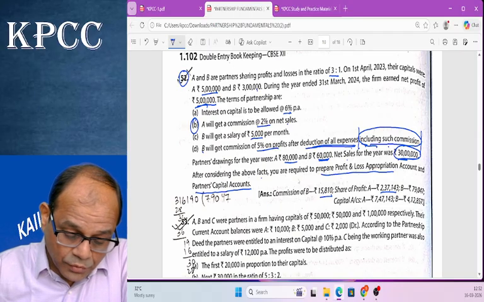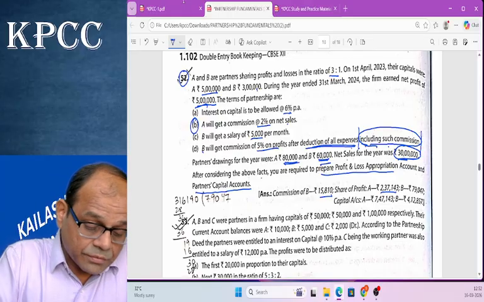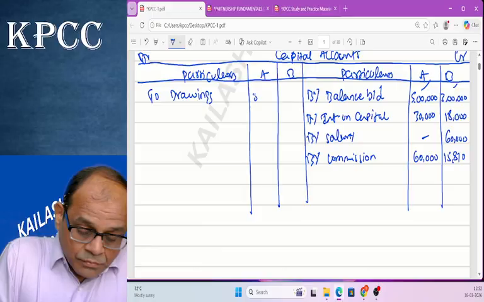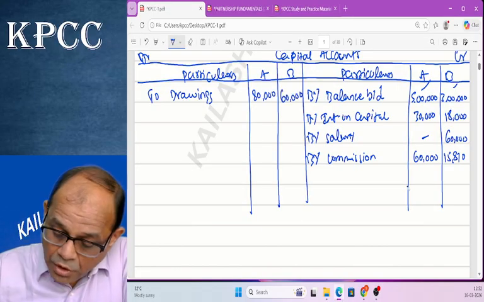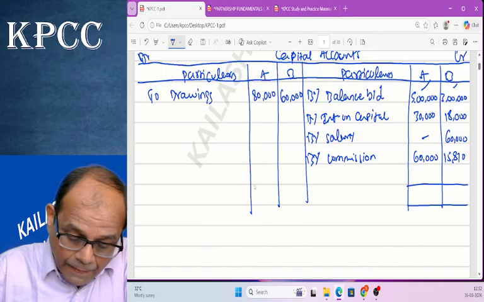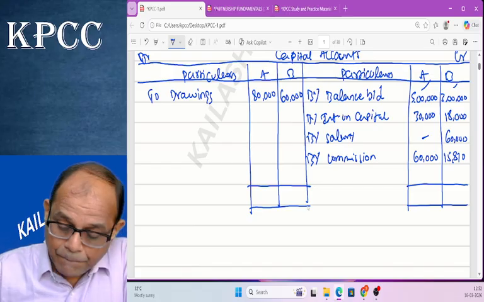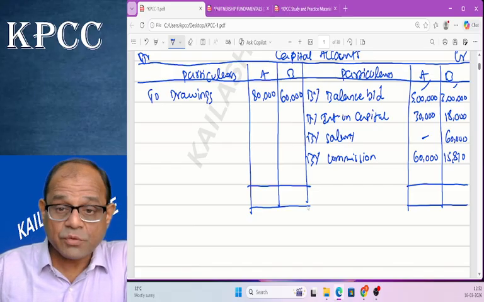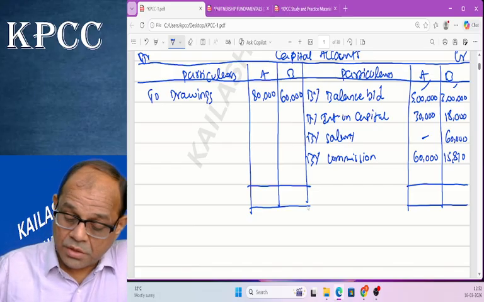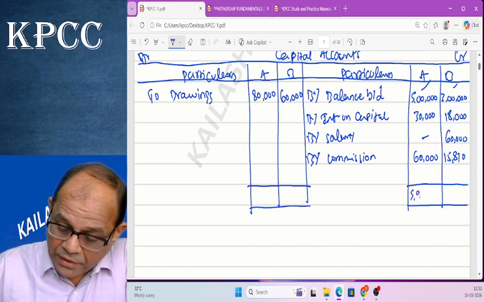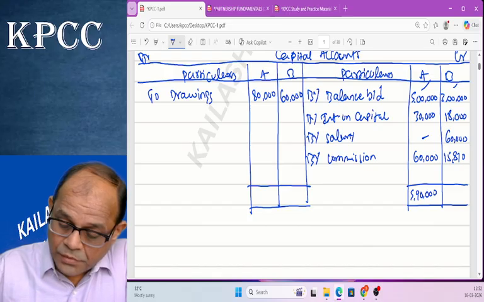What are the amounts of drawings? 80,000 and 60,000. Okay, that's all. Do the credit total. That's all the items we have put. Now we only have to simply close it. Now what is the amount? 5,90,000.